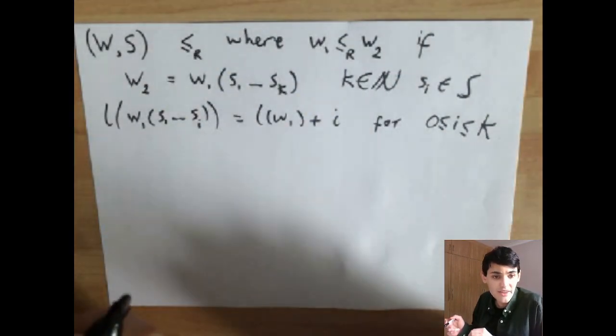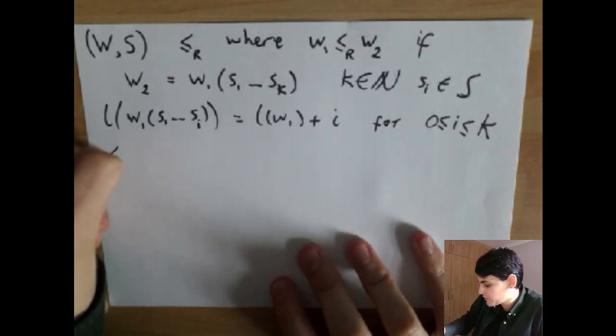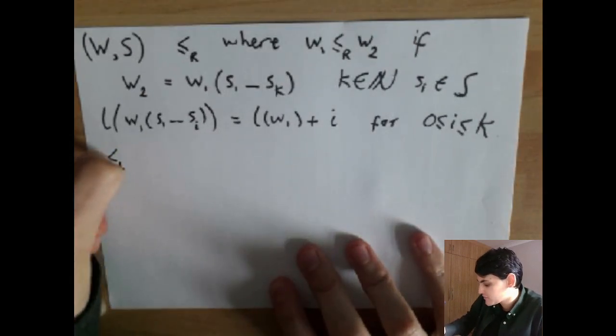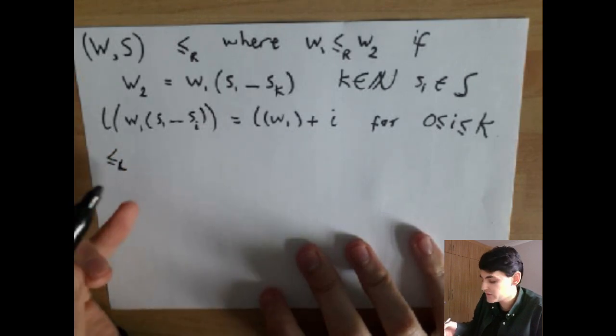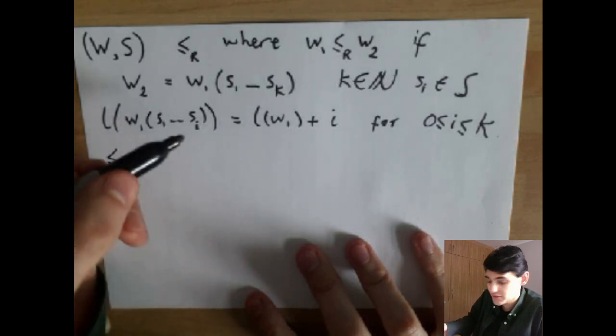There is an equivalent definition for the left weak order, which we denote by the same less than or equal sign, but with an L for left.